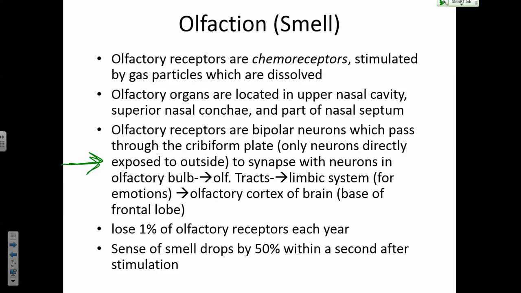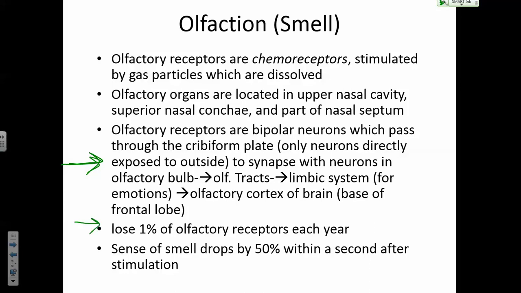From the olfactory bulb into the olfactory nerves, and once the nerve gets to the brain, it's called an olfactory tract. It goes through your limbic system. Remember, that's in the diencephalon, and to the olfactory area of your brain, which is not an area we talked about in A&P1, but it's at the bottom of the frontal lobe of the brain, close to the nose. I think this is super interesting.